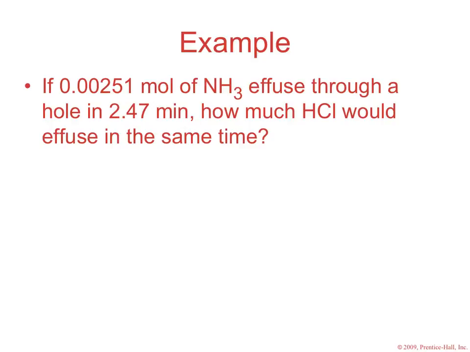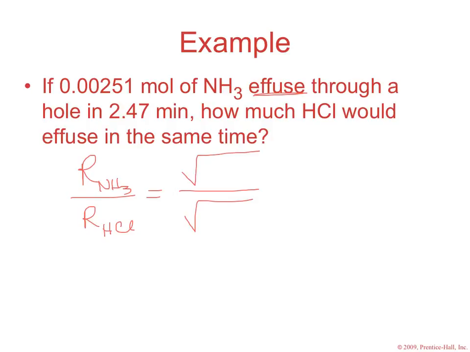Alright, so here's another problem on diffusion that can be tricky simply because of the wording. But before you even get caught up in the words, I would suggest you go ahead and set up the relationship that you know, and that is that the rate of diffusion for the two gases they're talking about is equal to the inverse of the square roots of the molar masses of each of them.